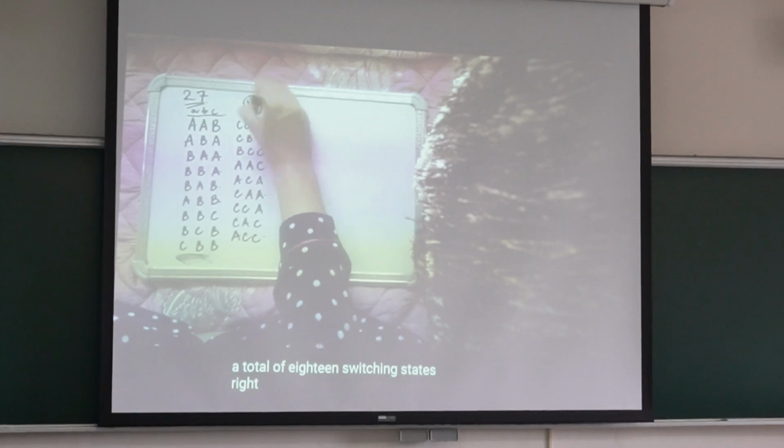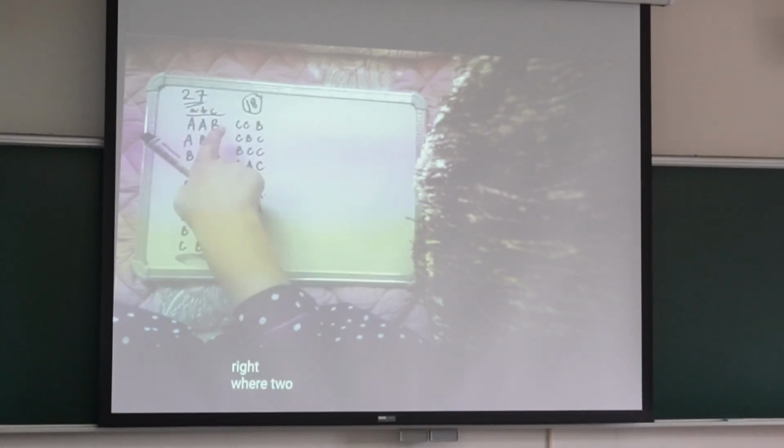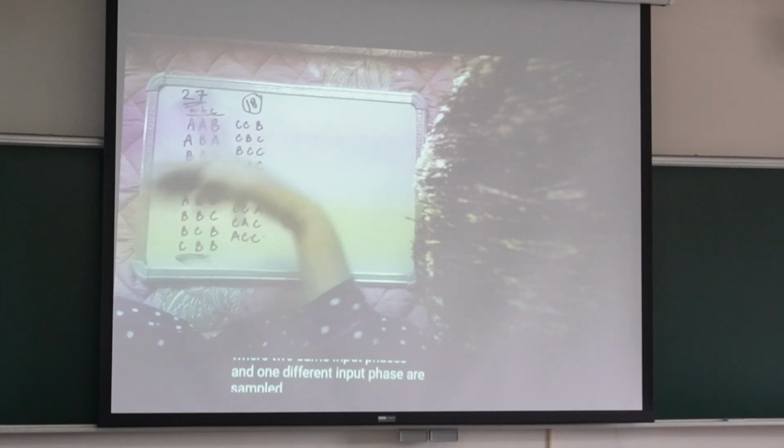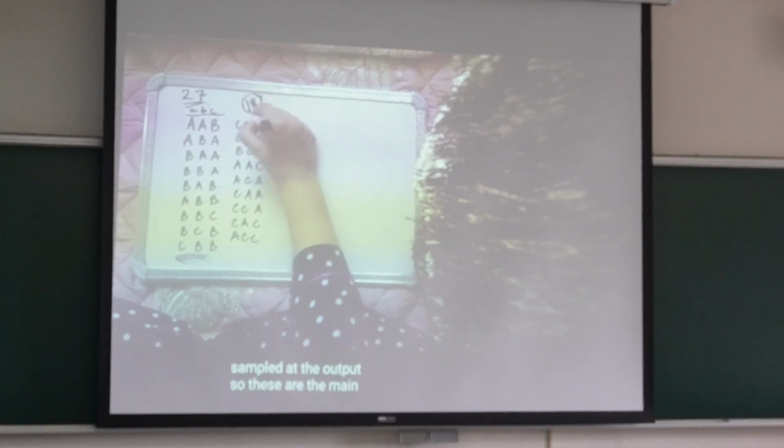Here, two same input phases are sampled and one different input phase is sampled at the output. So these are the main 18 states.